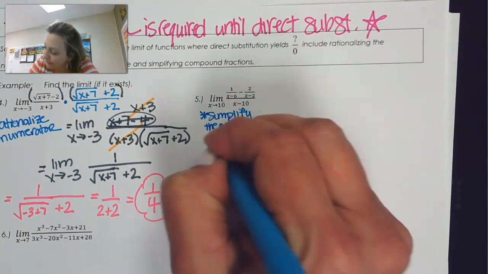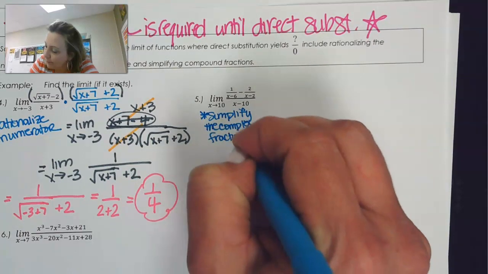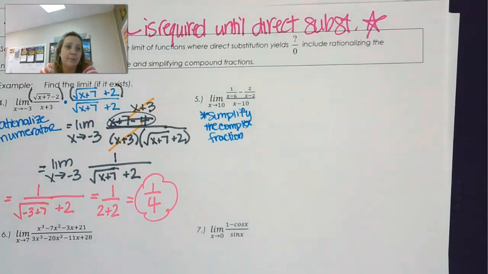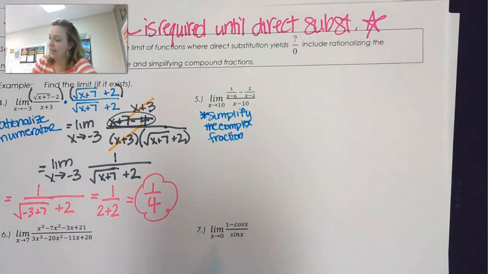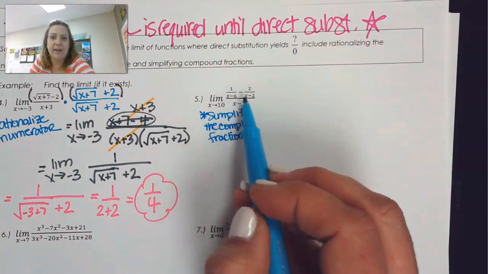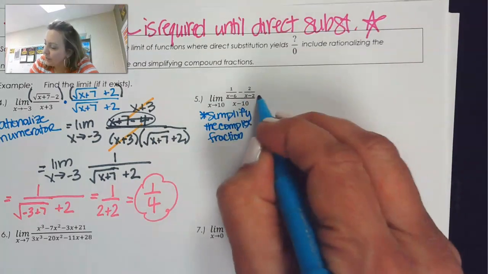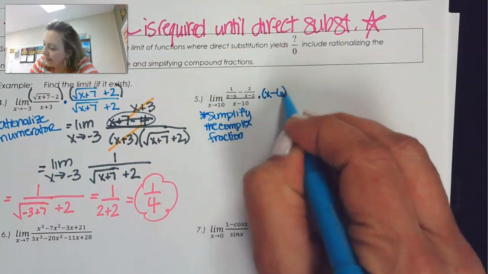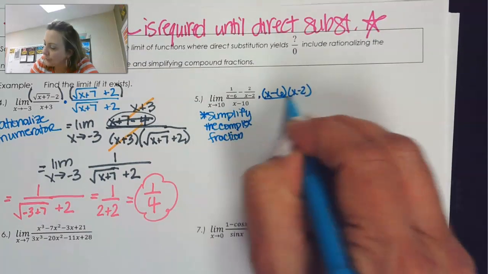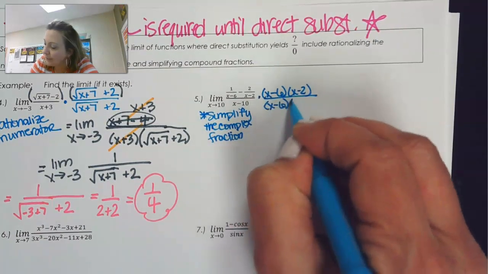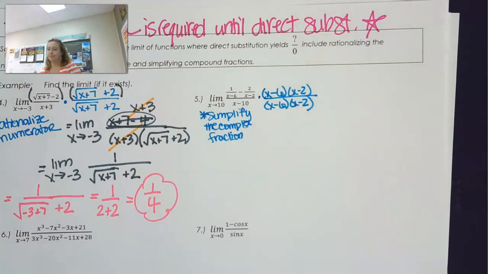And we know that we simplify complex fractions by multiplying numerator and denominator by our least common denominator. And what makes it the complex fractions is the x minus 6 and x minus 2 that are in the numerator. So I'll multiply by the x minus 6, x minus 2 in both the numerator and the denominator.